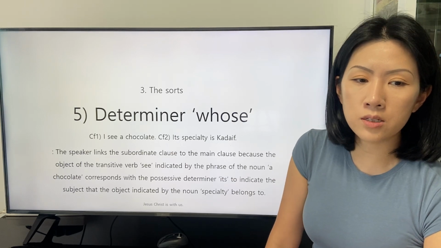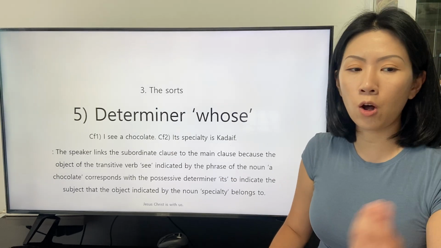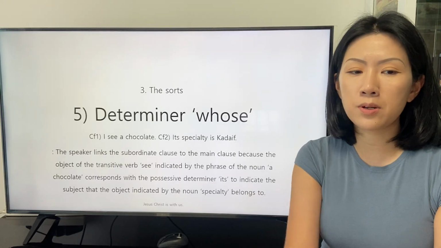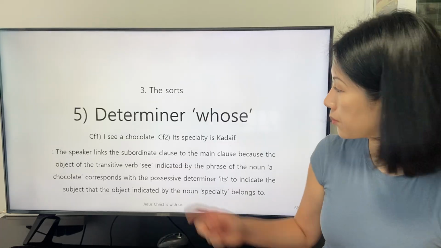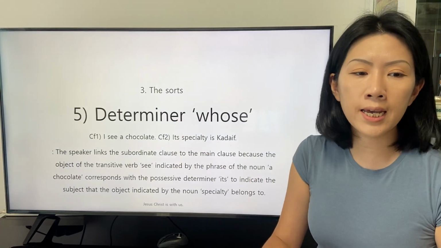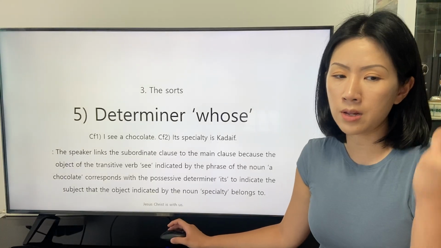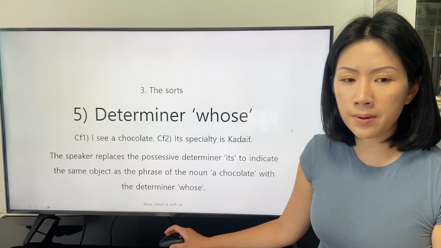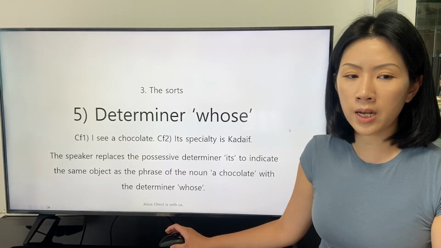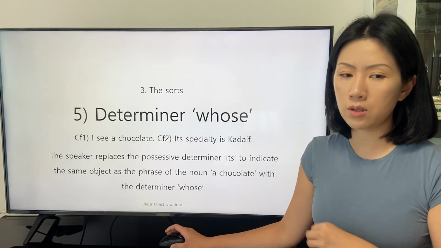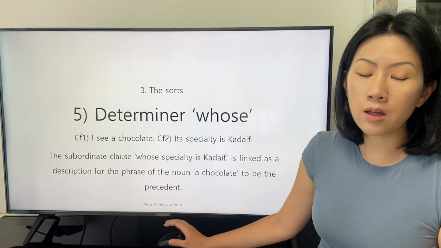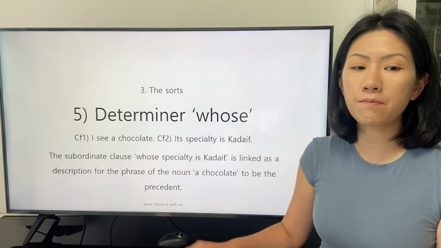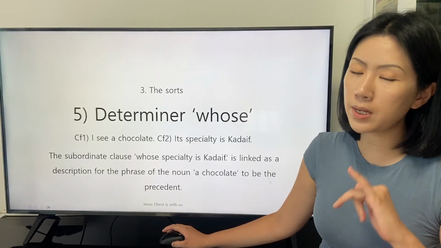The speaker links the subordinate clause to the main clause because the object of the transitive verb see, indicated by the phrase of the noun a chocolate, corresponds with the possessive determiner it, to indicate the subject that the object indicated by the noun specialty belongs to. The speaker replaces the possessive determiner it with the determiner whose to indicate the same object as the phrase of the noun a chocolate. The subordinate clause whose specialty is cafe is linked as a description for the phrase of the noun a chocolate, the precedent.